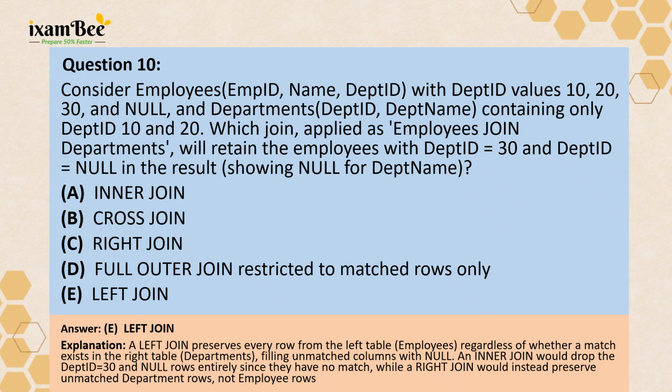An inner join would drop those unmatched rows entirely, since inner joins only keep rows with a match on both sides, and a right join would do the opposite of what we want. It would preserve unmatched department rows, not unmatched employee rows. Since employees is the left table here and we need all of its rows preserved, the answer is E, which is left join.